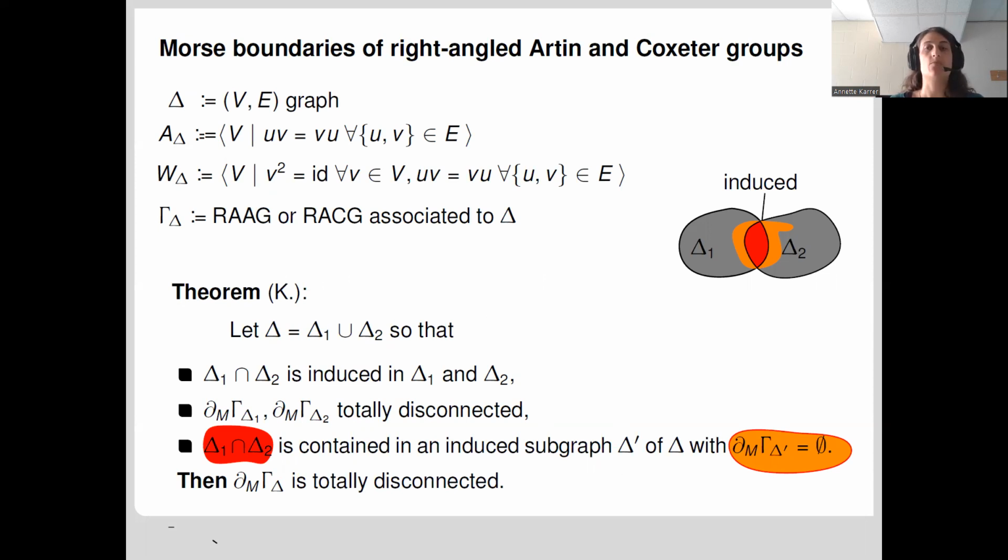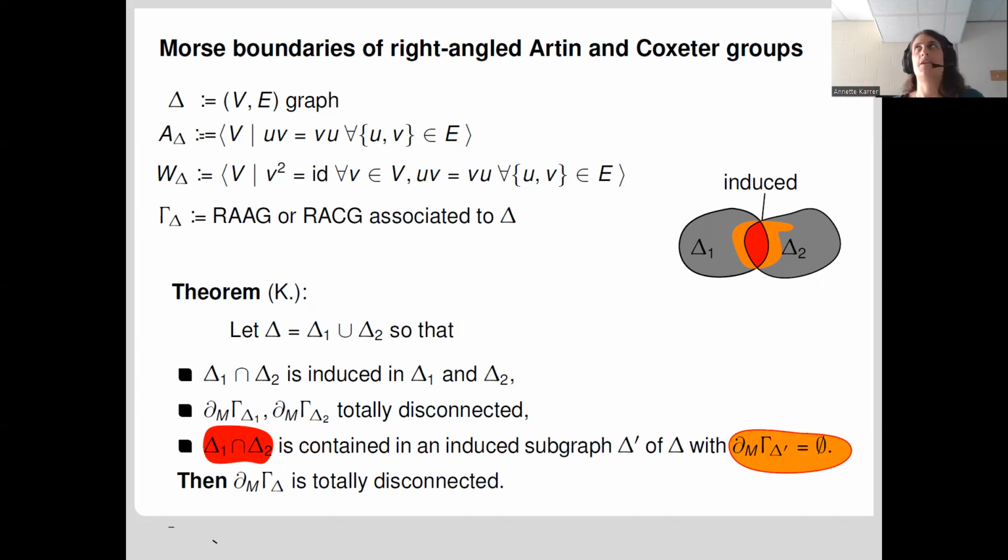And if the Morse boundaries of the groups we started with are totally disconnected, and if the intersection graph is contained in an induced subgraph delta prime of delta, corresponding to a group with empty Morse boundary, then the resulting group has totally disconnected Morse boundary.